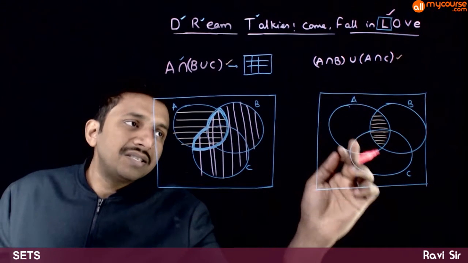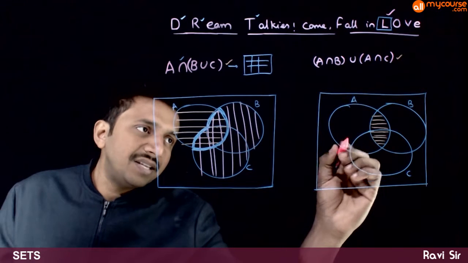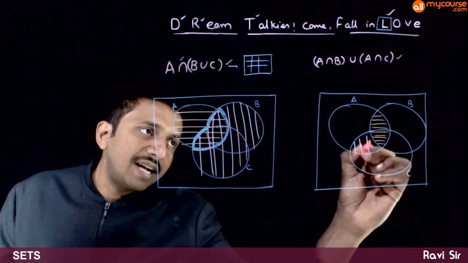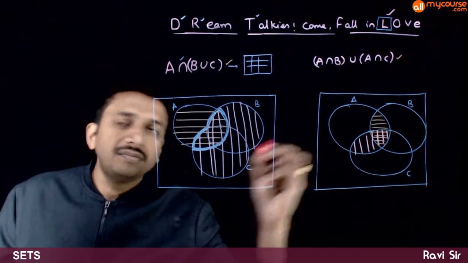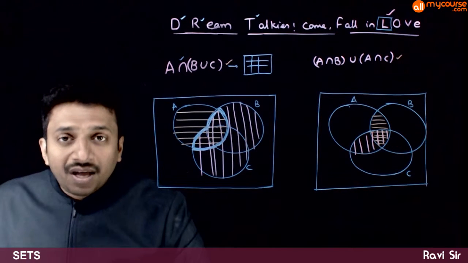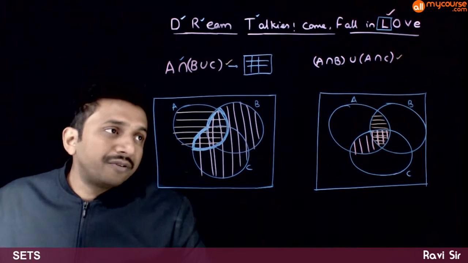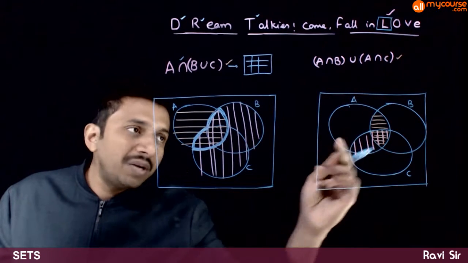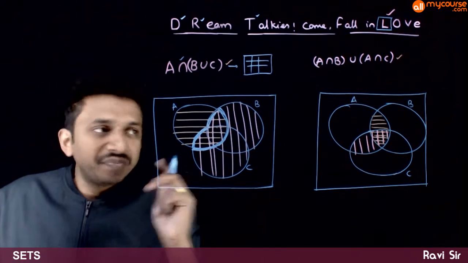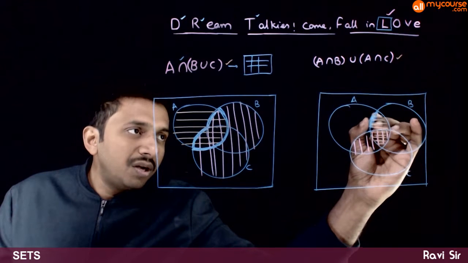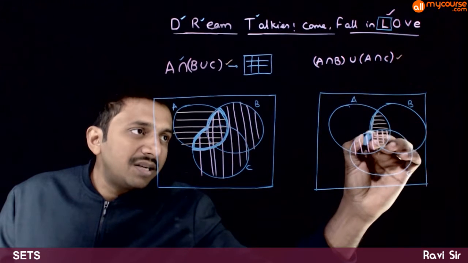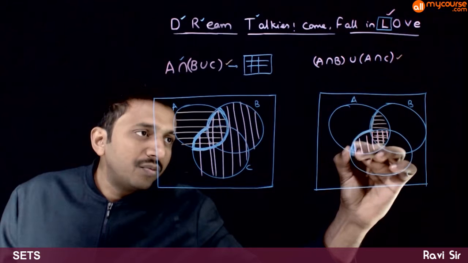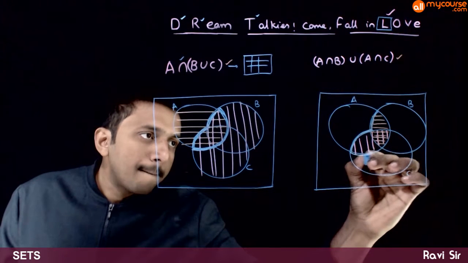A intersection C is the common region of A and C, so let us mark this region. Now I want the union of these two regions. Union means everything encompassed. So the union of these two is nothing but the region corresponding to this boundary.